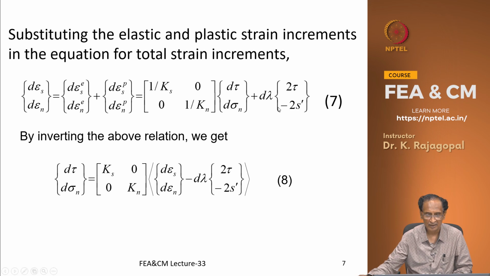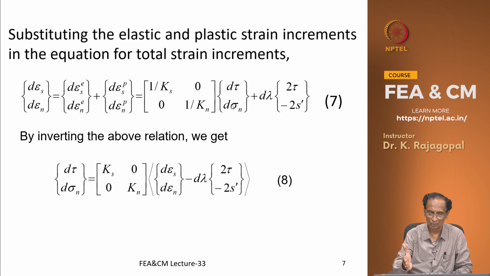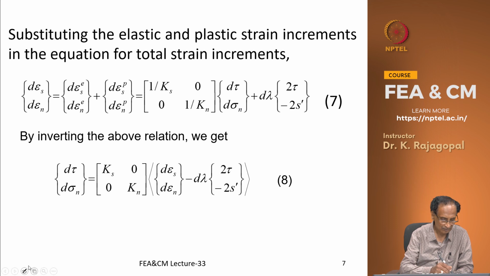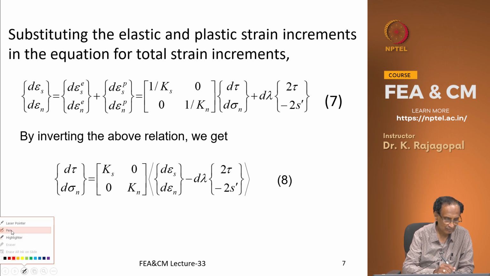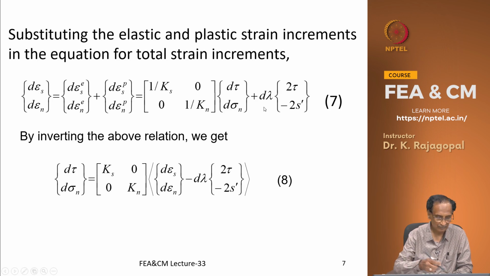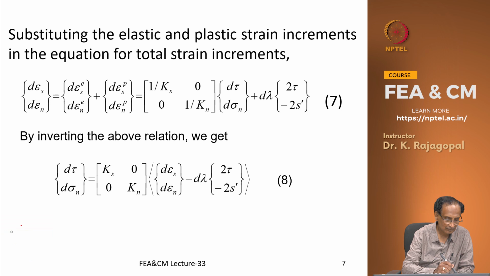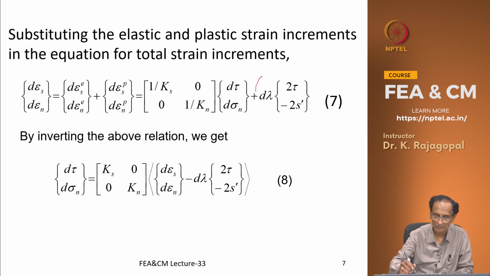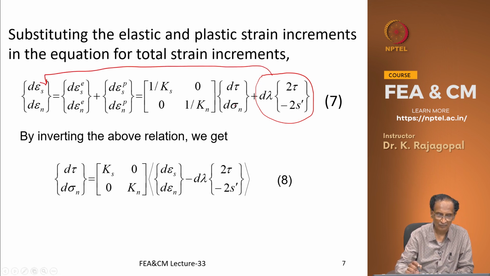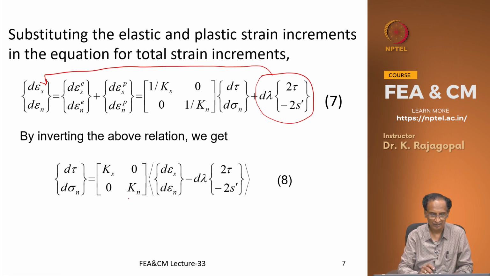And so, by inverting this relation, by taking this d lambda times dou q by dou tau and this quantity to the other side, we can write d tau and d sigma n in terms of the other quantities.